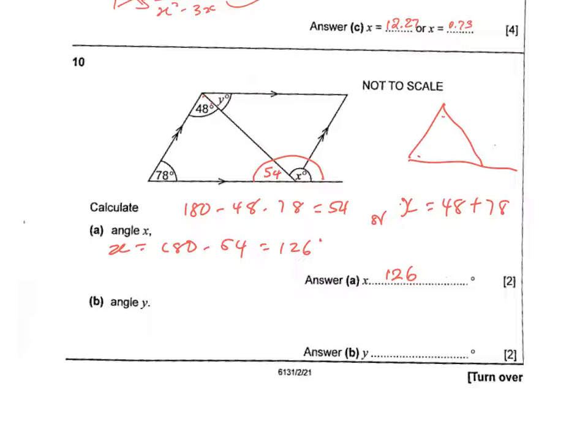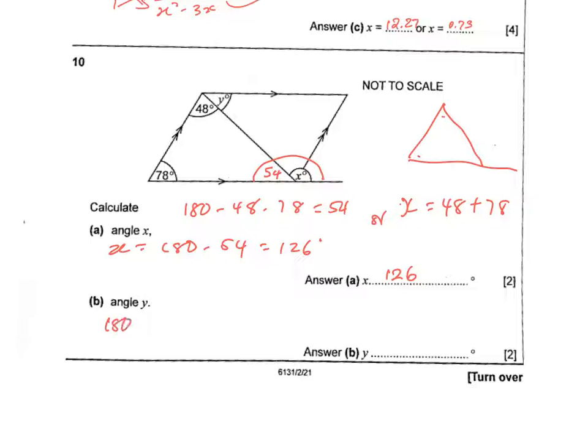Okay, then to get y, it is here. Now if you look, this is co-interior. These two should give you 180. Hope you saw that. Okay, so co-interior, this whole thing should give you 180.